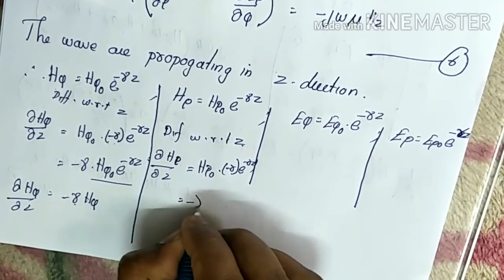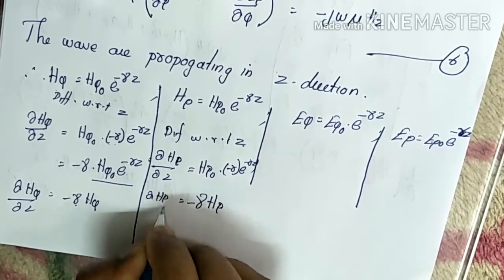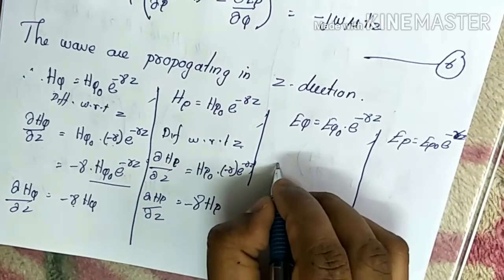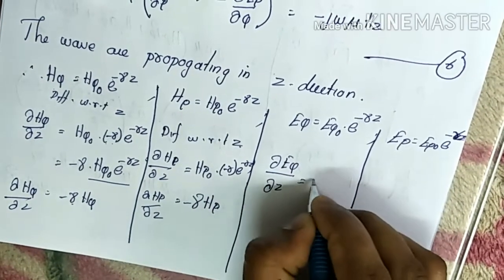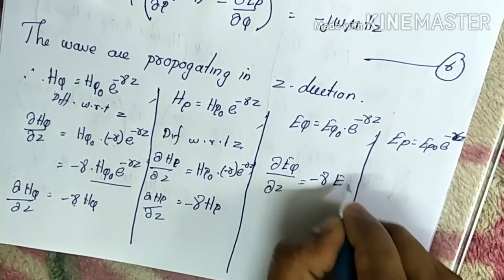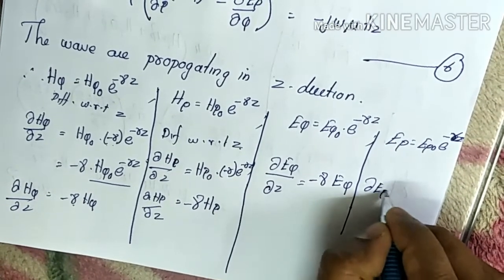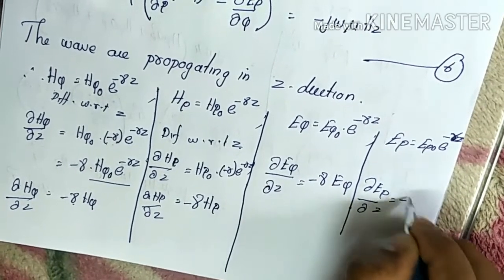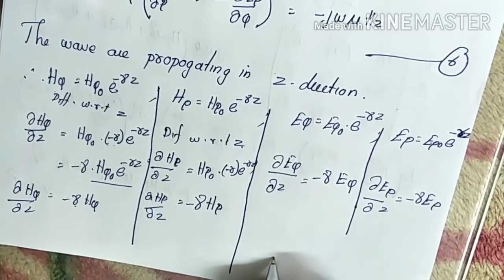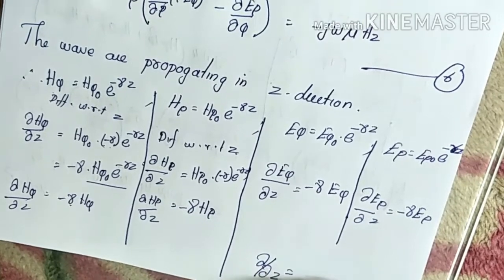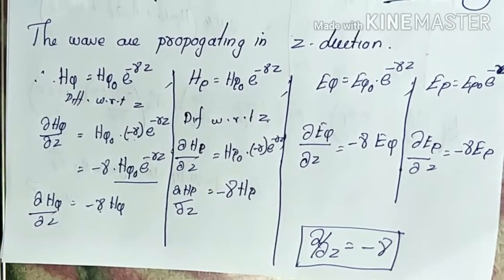This can also be written as minus gamma into h rho. Similarly, if we differentiate this with respect to z, you will get minus gamma into e phi. When you differentiate this also, you will get minus gamma into e rho. So in all four terms, what is common is dou by dou z is equal to minus gamma. So this term is common.